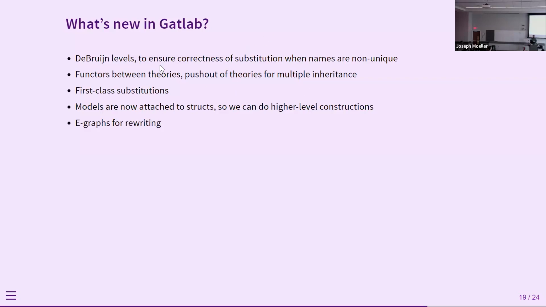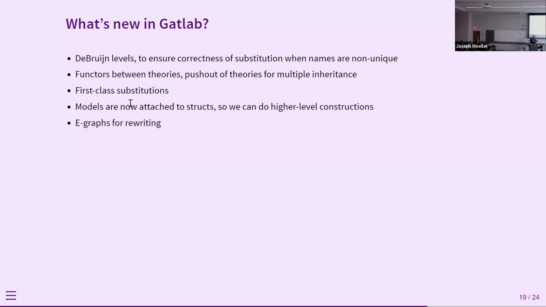Second, this wasn't something that I mentioned in algebraic theories because I didn't have time, but we actually implement functors between theories and pushouts of theories, for multiple inheritance, which I'm going to talk about in a bit. Third, I talked about substitutions before. In the old Gatlab, substitutions weren't quite a first-class construct, but in the new Gatlab they are.